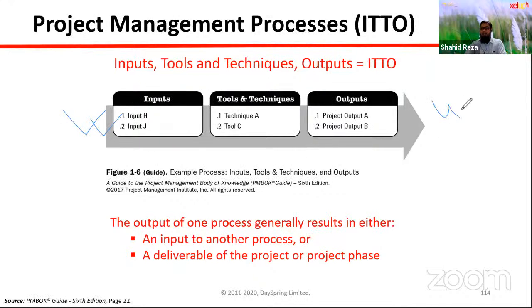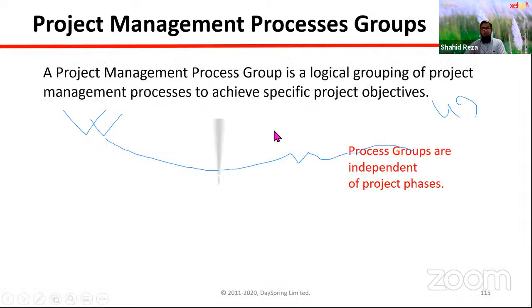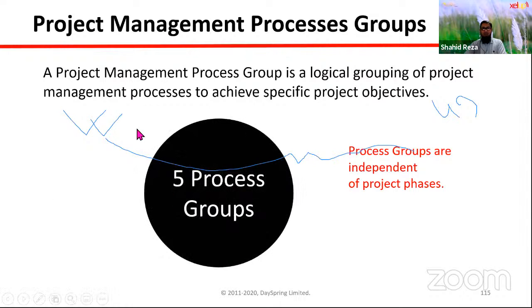There are 49, and for every process you will find these ITTO tools. For each process, we will see this table or chart associated throughout the PMBOK. And I think process groups were already discussed. We discussed process groups, right?